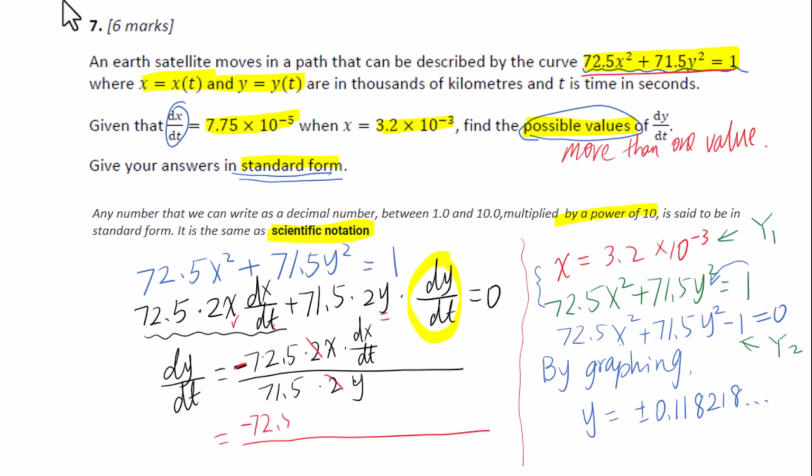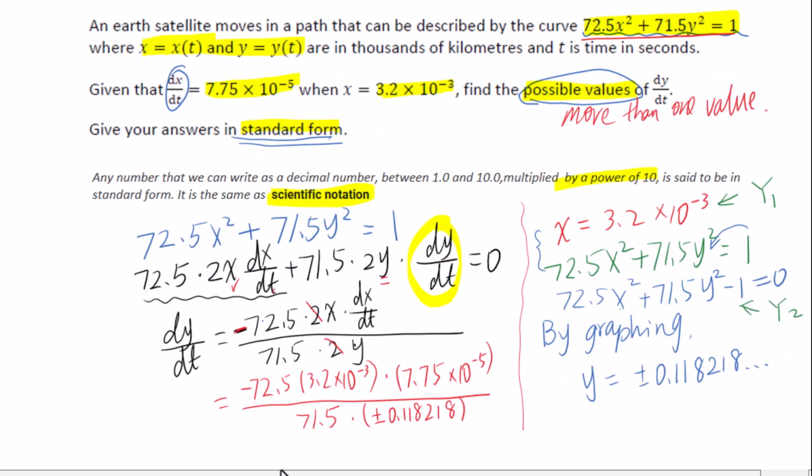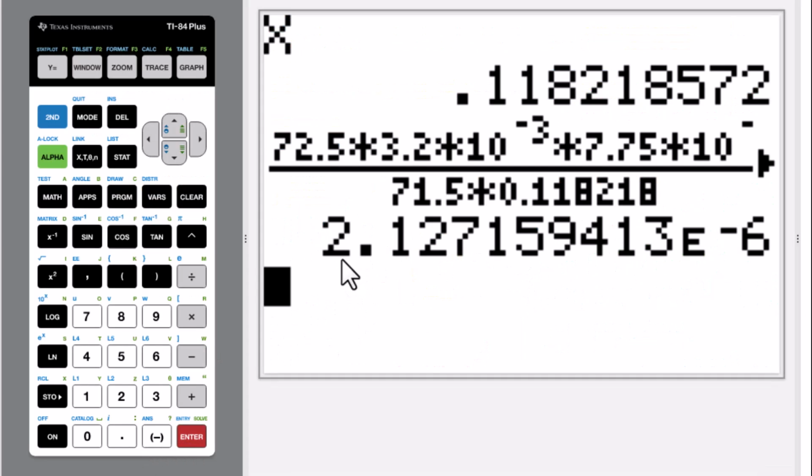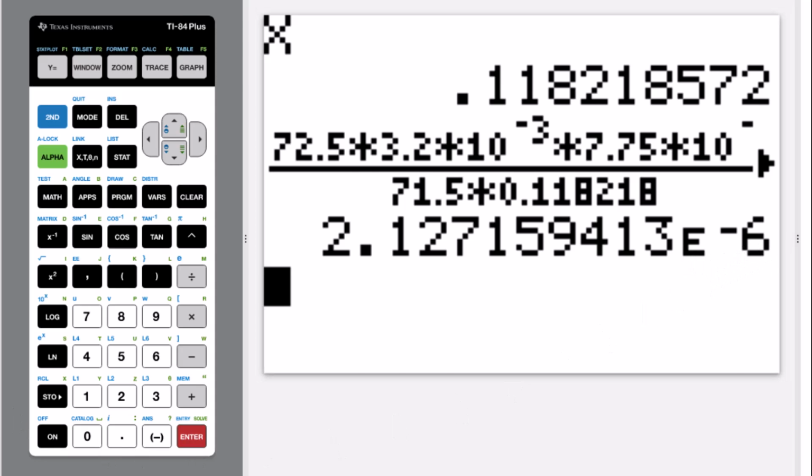Negative 72.5 times 3.2 times 10 to the negative third power times 7.75 times 10 to the negative fifth power over 71.5 times plus or minus 0.118218 equals, we have two solutions, plus or minus 2.13 times 10 to the negative 6th power.